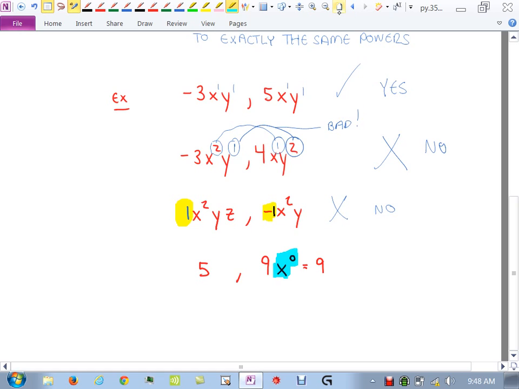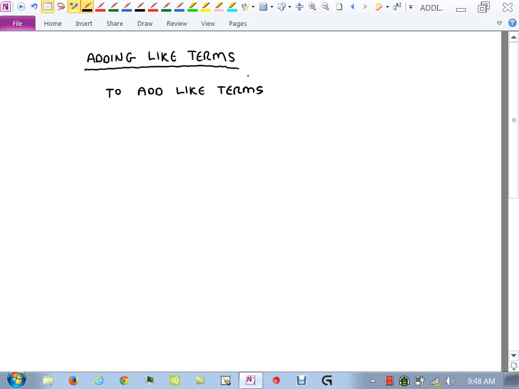Okay, so let's get to one of the main results here. Adding like terms. To add like terms, first, make sure they're like terms.